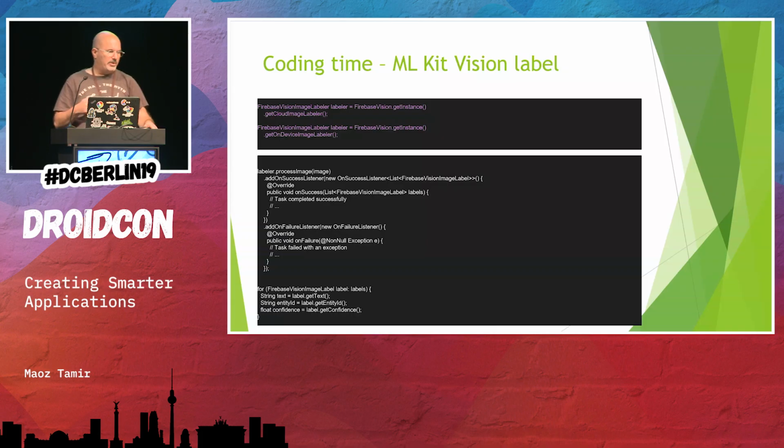If you're using the cloud labels, you've got about 40,000 different labels. If you're using only the on-device labels, you've got around 10,000. And of course, you can switch between them. If you are connected, you can use this, and if you're not connected, you can use that.